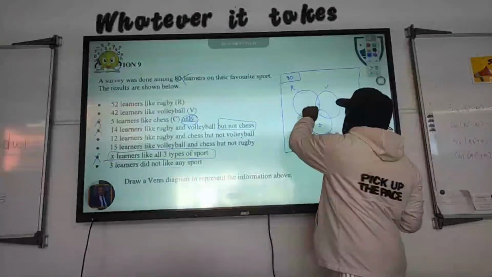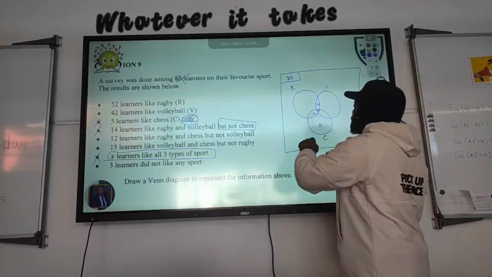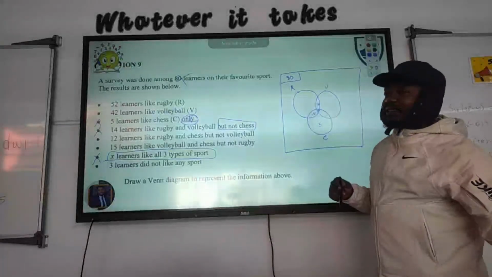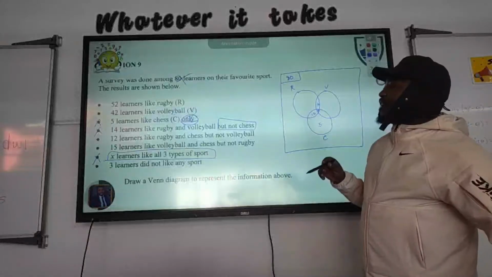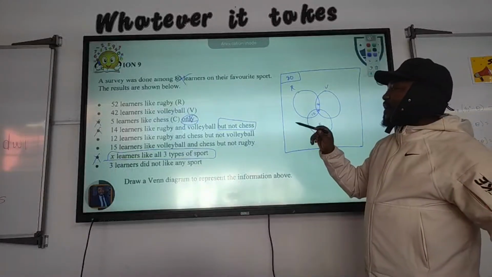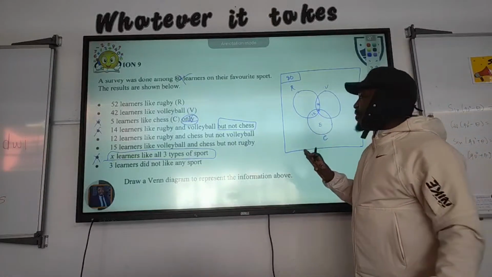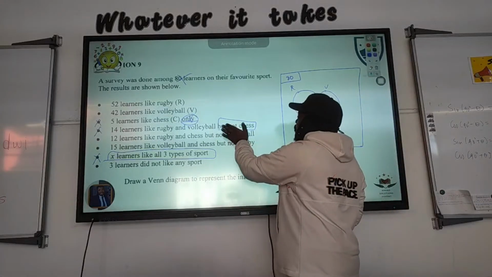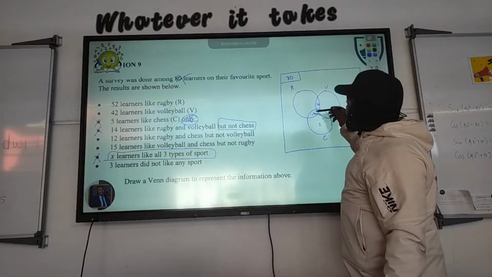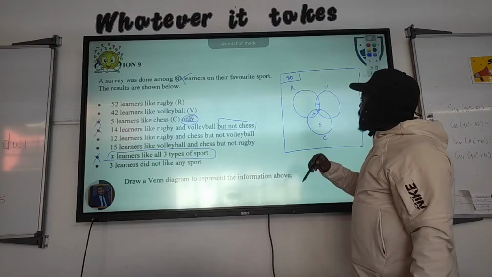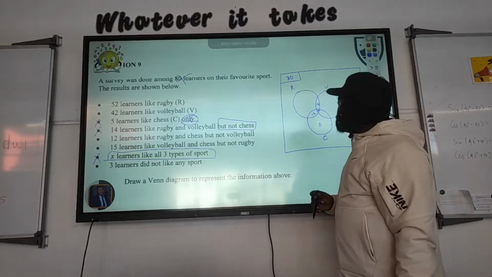So here volleyball is not involved. There's no intersection of volleyball, so we put the number as it is. If it were to say 12 learners like rugby and chess, and it ends there, but not volleyball, we're going to say 12 minus x to get rid of those who are playing volleyball.